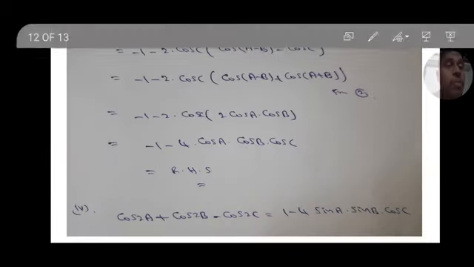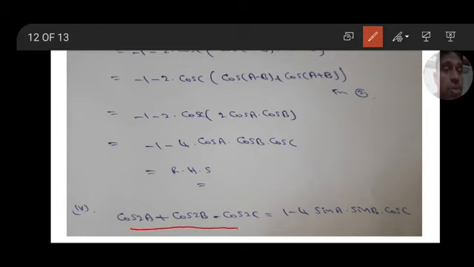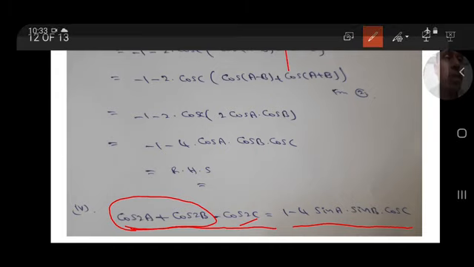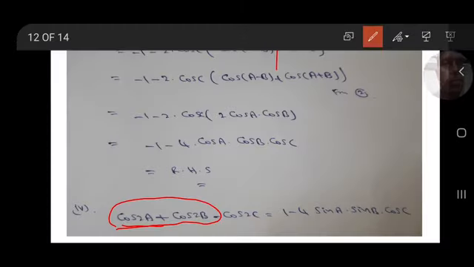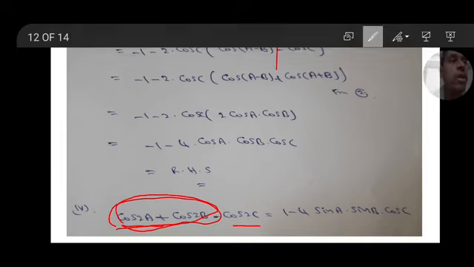Next homework problem: cos 2a plus cos 2b minus cos 2c equals 1 minus 4 sin a sin b cos c. Prove that. Apply cos c plus cos d to cos 2a plus cos 2b, use the cos 2c formula, then simplify and you get the answer.